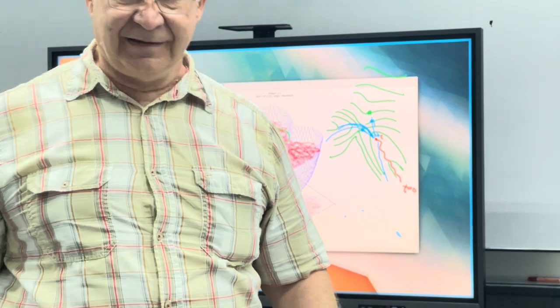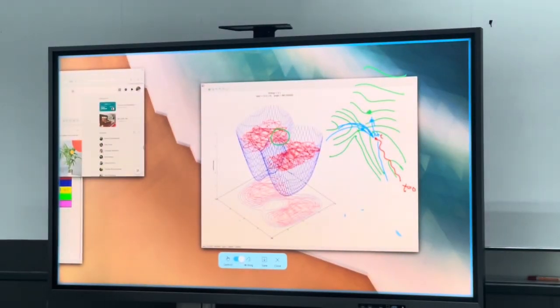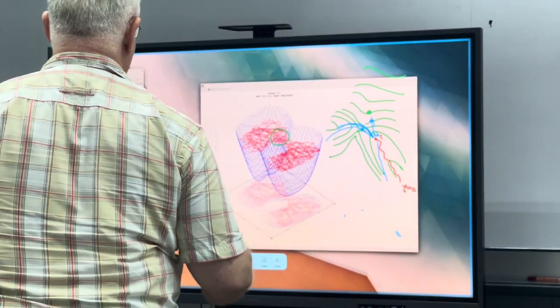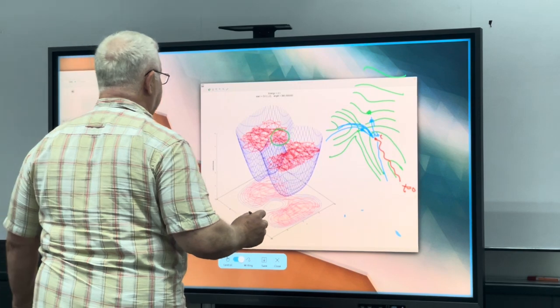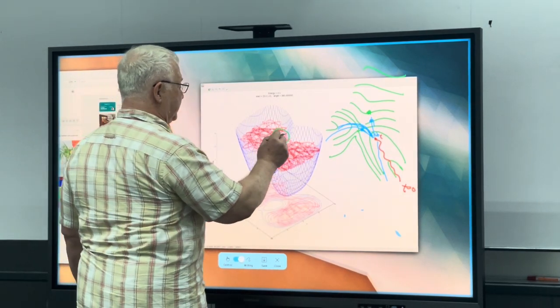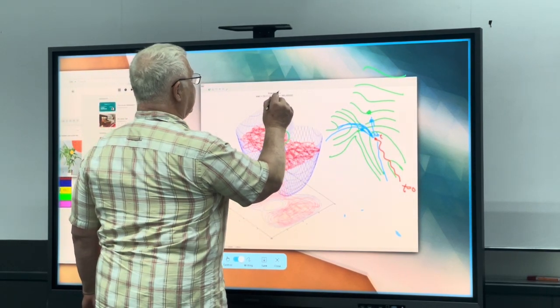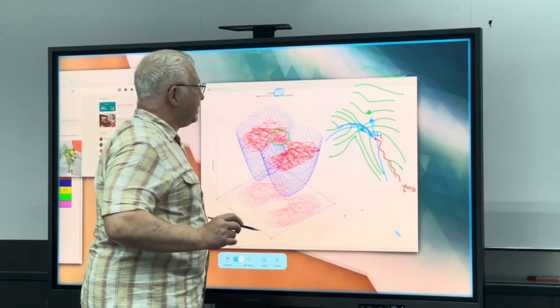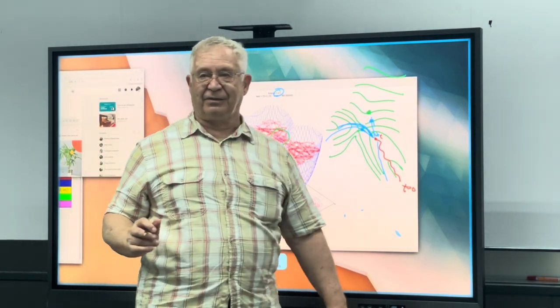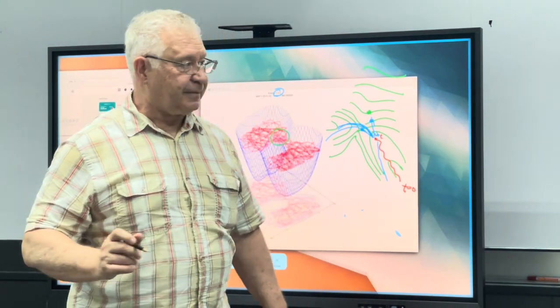Can a particle that has the wrong momentum go to the other side? This one just does not have enough energy. But if it has enough energy, and here I said energy 2.1, maybe I can make an example with higher energy.